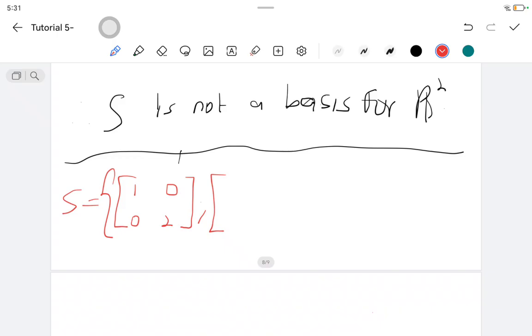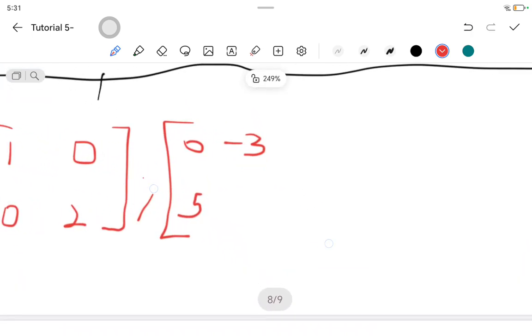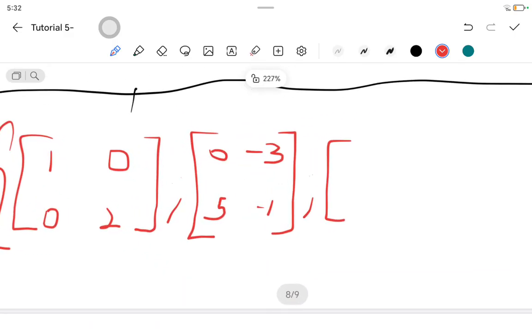So the other one we're having 0 minus 3 5, then minus 1. And then the other one is, how many are there? 5, negative 1, 4, minus 2.